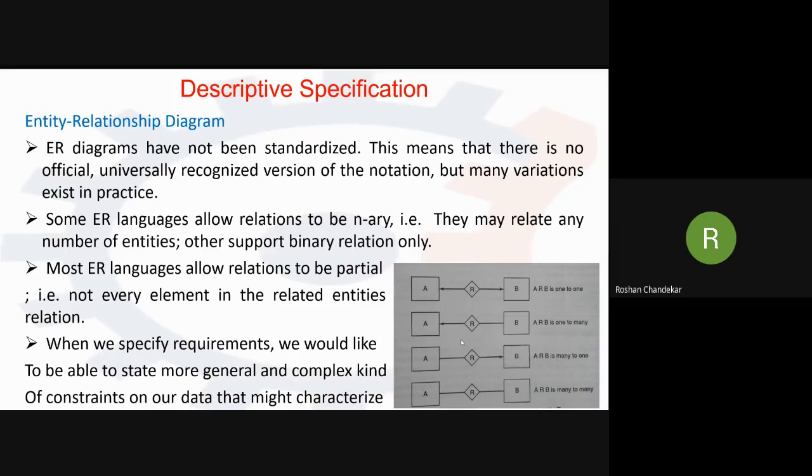A is related with B by a bidirectional arrow, which shows a one-to-one relation between A and B. Second, there is a relation between A and B where the arrow is incoming to A, which means a one-to-many relation. That means A is related with many entities in B.